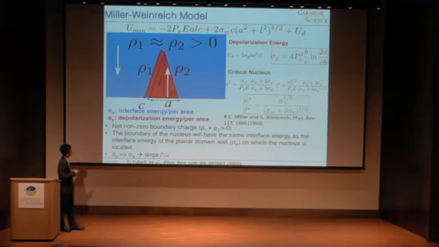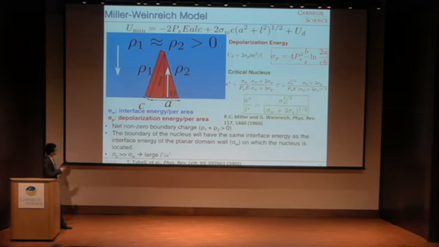A is the width of the nucleus. L is the length of the nucleus. So the nucleation energy has three terms: the polarization-electric field coupling term, the interface energy, which is the sigma W, the domain wall energy, and the depolarization energy, which comes from the Coulomb repulsion between boundary charges.